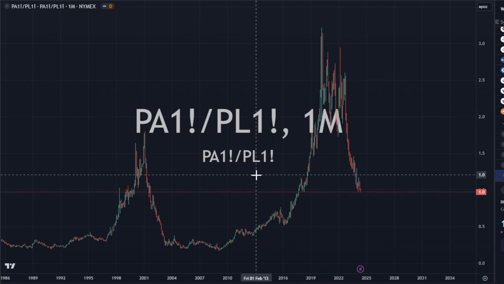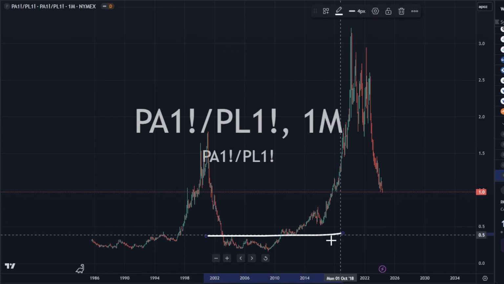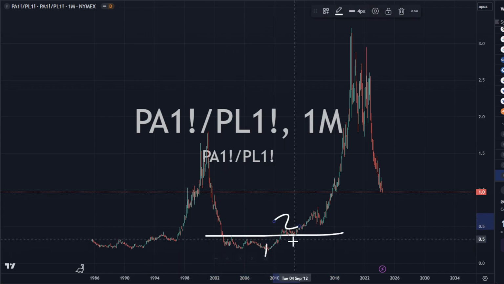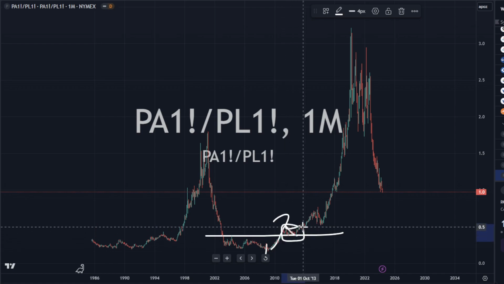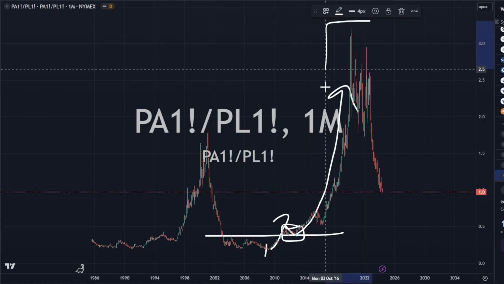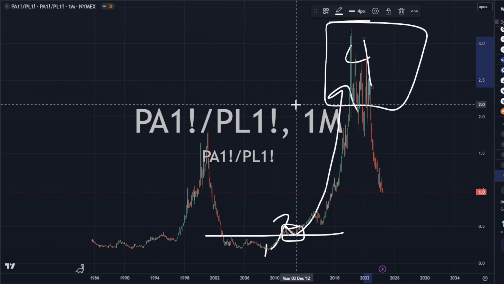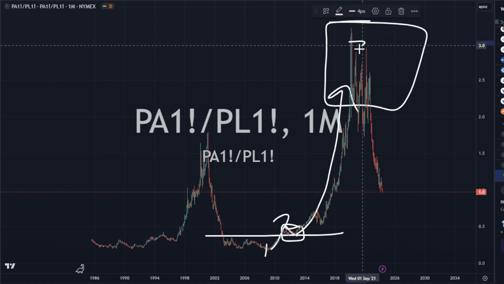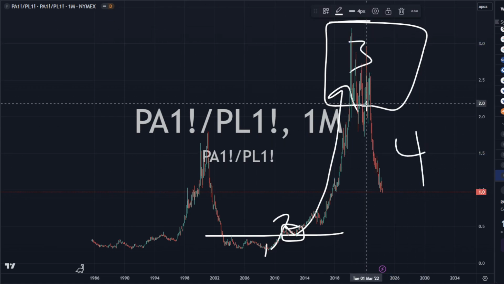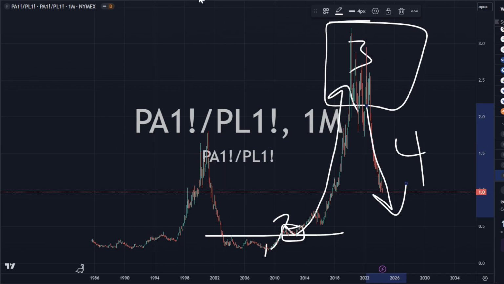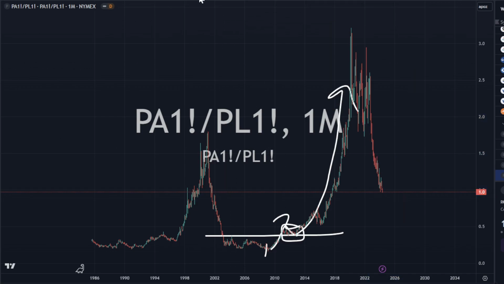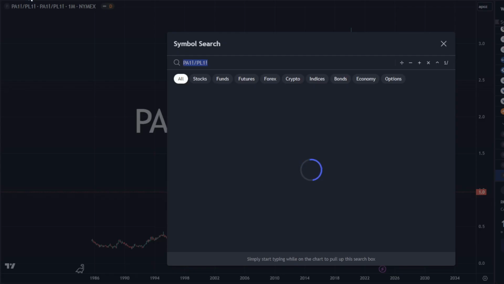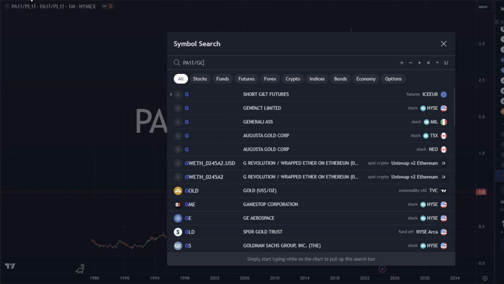The way that we view this in stage analysis is basically stage one, stage two, you get your lead-in pattern, which is right here, and we are ripping up into stage four. Sorry, stage three. And we are currently in stage four declining. So I think the stage four decline is going to continue to occur, and I think platinum is going to outperform.